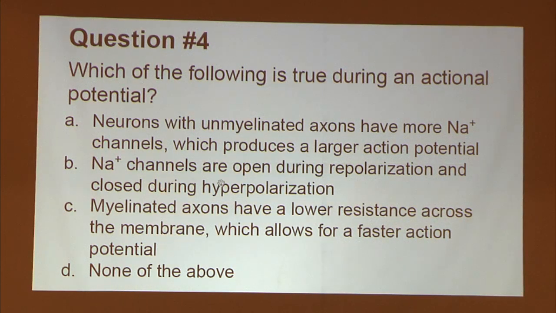Myelination is kind of like tape around a leaky hose, keeping everything in. They increase the resistance across the cell membrane, keeping everything in, and that makes it faster, not a lower resistance. So C is also not good. Our answer is going to be D, none of these, because none of these are good. Be good with that. Okay.